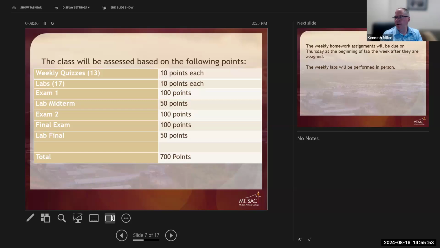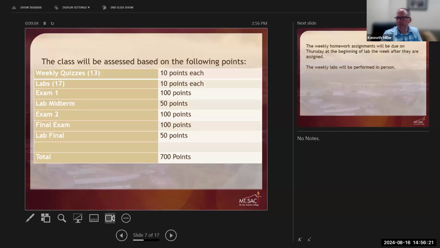So exam 1 will be given out in week 6, I believe it is, and you will turn it in on the night of the lab in week 7. So the week after it's been assigned, that's when you will turn it in. And I will have those printed out for you, and we'll give those to you the previous week in lab.